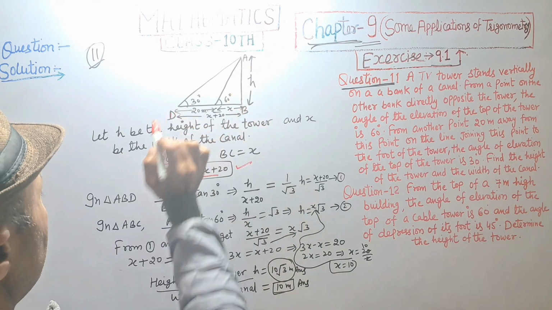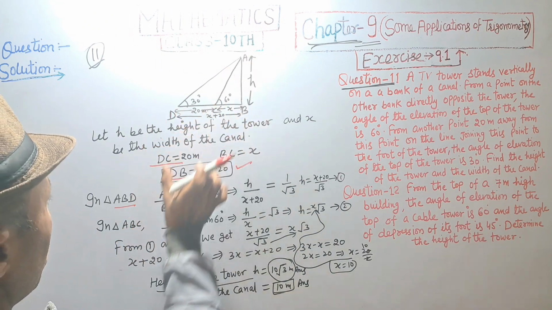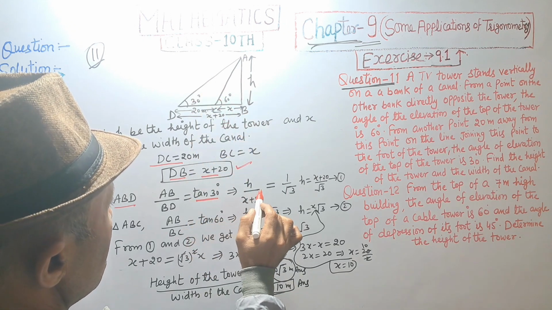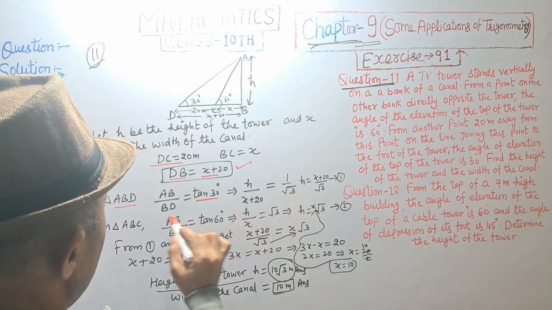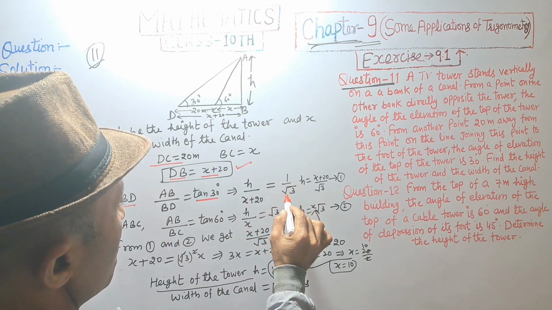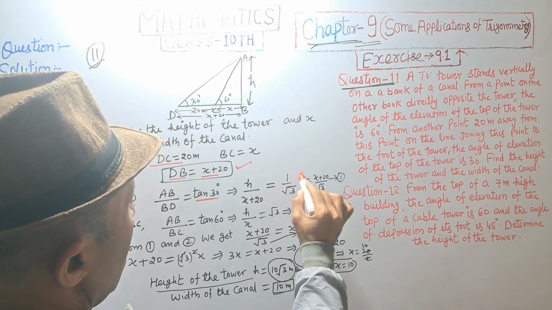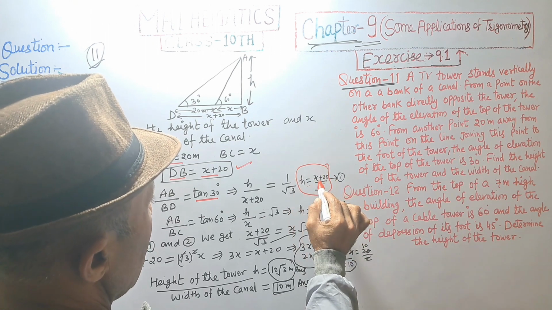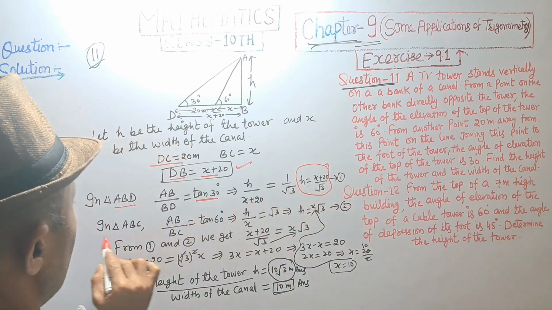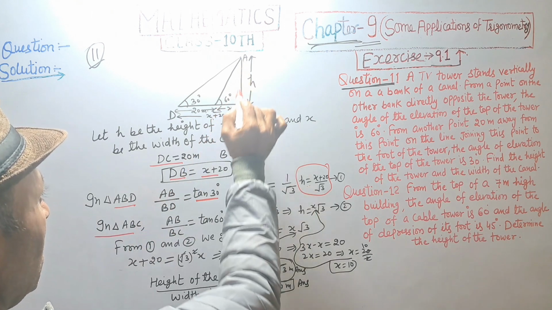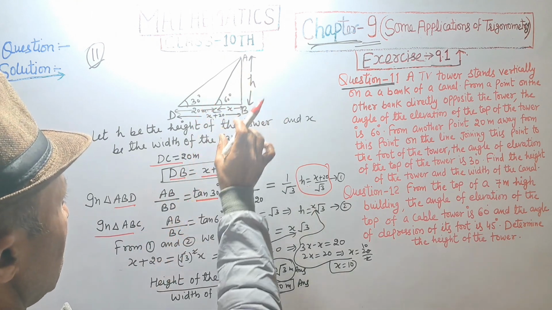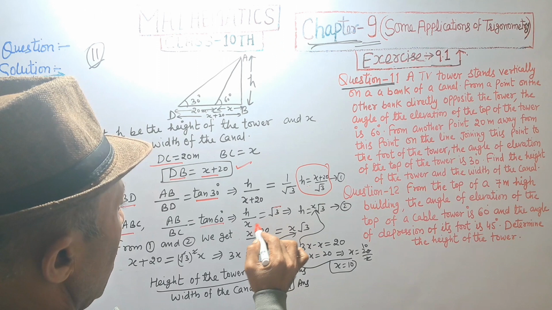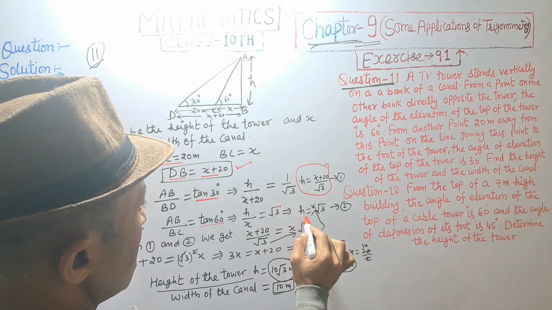In triangle ABD, AB upon BD is tangent 30 degrees. The value of tangent 30 is 1 upon root 3, and H upon X plus 20 is equal to 1 upon root 3, so H is equal to X plus 20 upon root 3. It's equation number first. And in triangle ABC, AB upon BC, H upon X is tangent 60, which is root 3, so H is equal to X root 3.